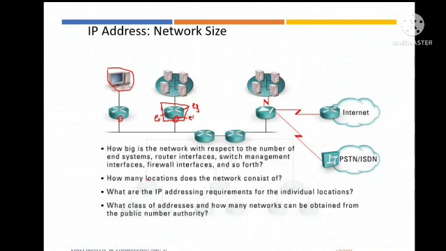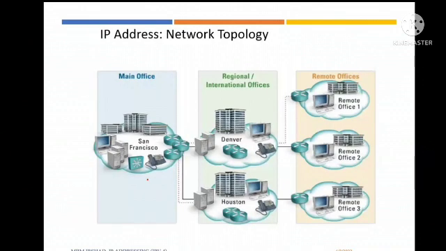So why do we do network analysis? It is the basic requirement when we plan network infrastructure development in any organization. One example network topology is given here, from the United States. You can see the main office is located in San Francisco. Then they have regional or international offices in Denver and Houston, and also some remote offices, 1, 2, 3.